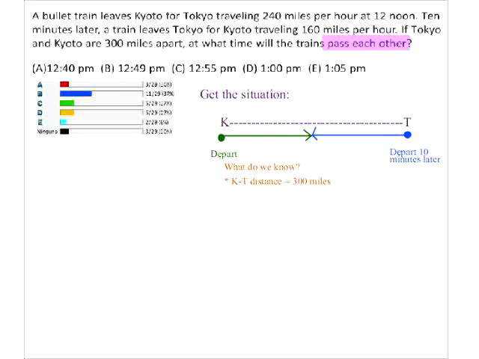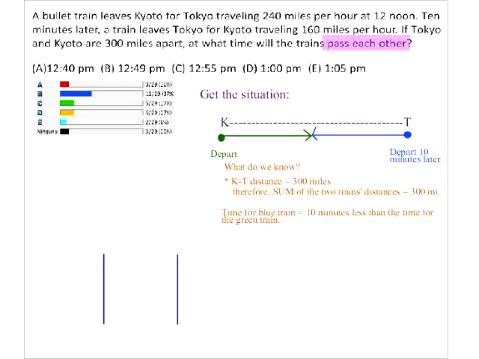So therefore, the sum of the two trains' distances is 300 miles. And then we know that the time for the blue train is 10 minutes less than the time for the green train. That's what we know. So now we can do math. Let's do math only after we figure out all of that.